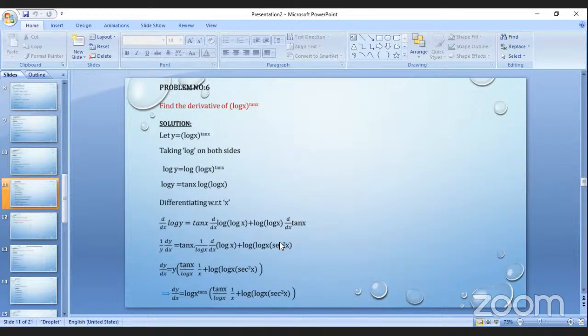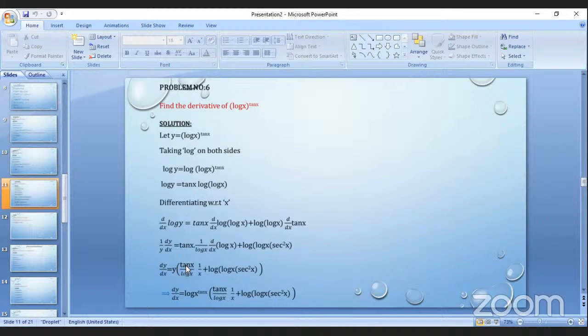Taking 1 by y to this side, dy by dx equal to y into tan x by log x into d by dx of log x, which is 1 by x, plus log of log x into secant square x.